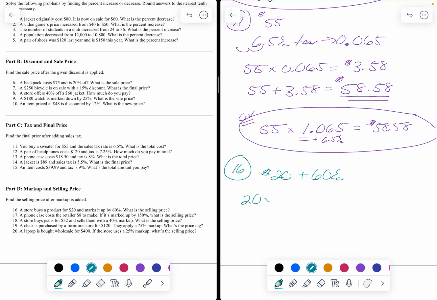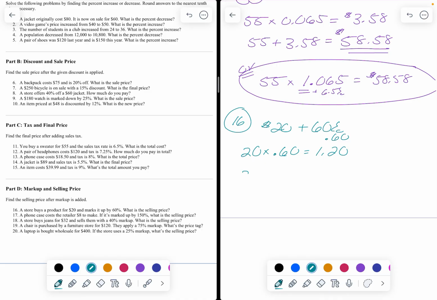We could do 20 times, now remember this is like 0.60, so times 0.60. So 20 times 0.6 is 1.2 or 120. And so 20 plus 120. Wait, that doesn't seem right.